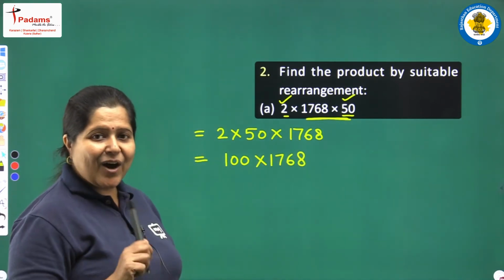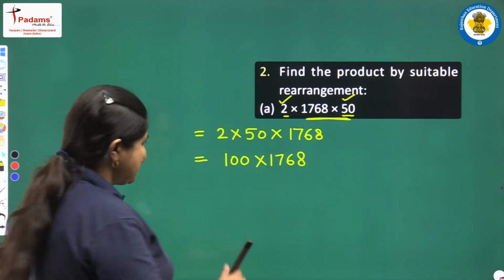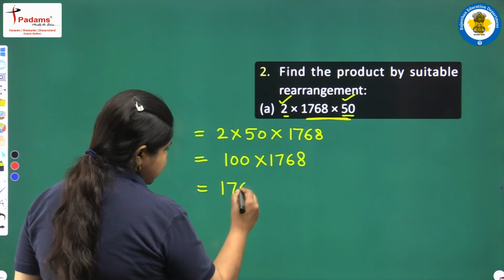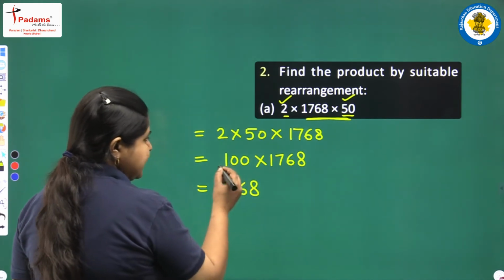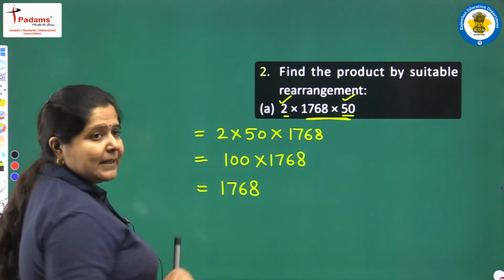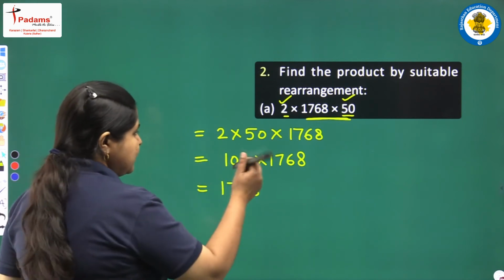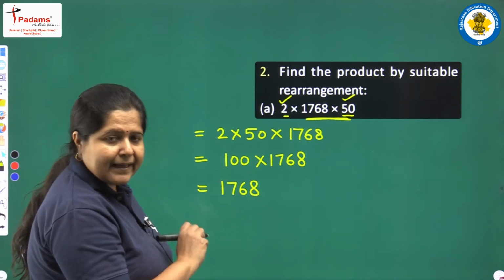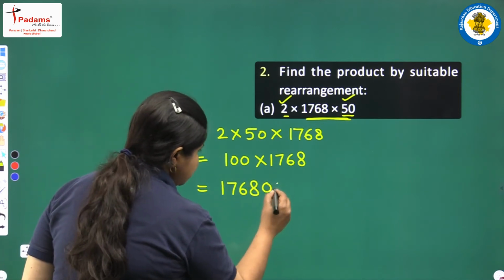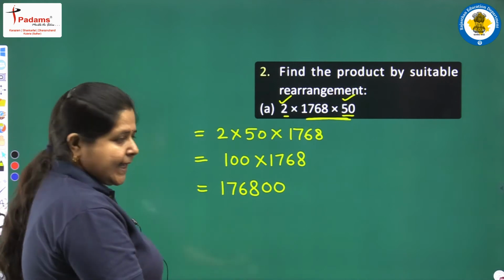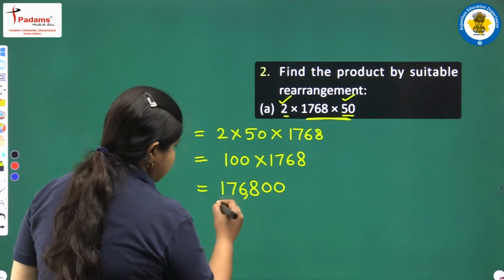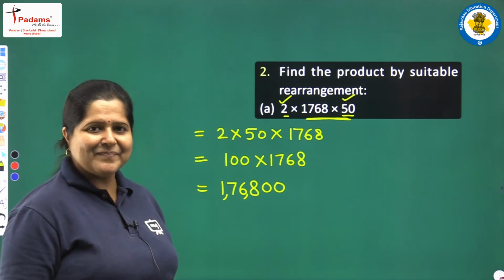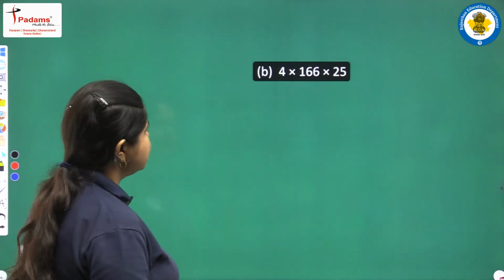Now you can see how easy the calculation has become. Multiply the two. This will be 1768 on multiplying by 1, because 1 is the multiplicative identity. So on multiplying this 1768 by 1 we are getting the same number back, and now we can place the two zeros in the last and we get it as 1,76,800 as the answer.